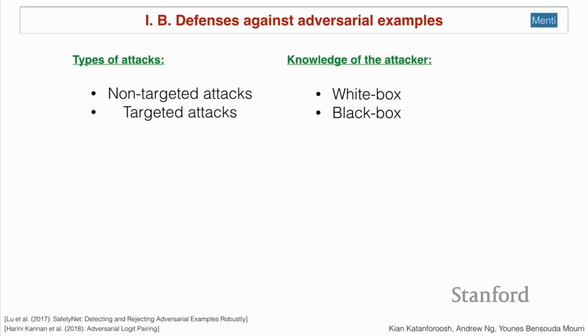The knowledge of the attacker is something very important. For those of you who did some crypto, you know that we talk about white box attacks and black box attacks. A white box attack is when you have access to the network. So we have our ImageNet pre-trained network, and we have full access to all the parameters and the gradients. So it's probably an easier attack, right?